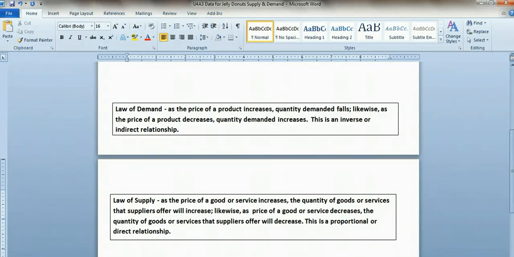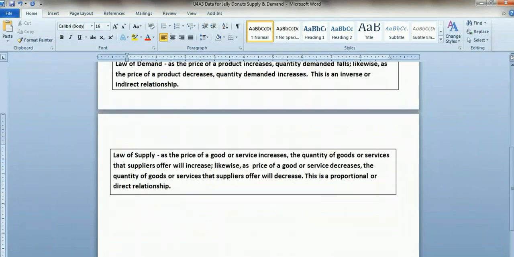Your boss says, hey, will you work 5 hours more this week? And you say, yes, if you give me time and a half, I'll do that. So you're willing to produce more in terms of hours of work if you are paid more. That's what the supplier or the producer desires to do. They want to get paid more.